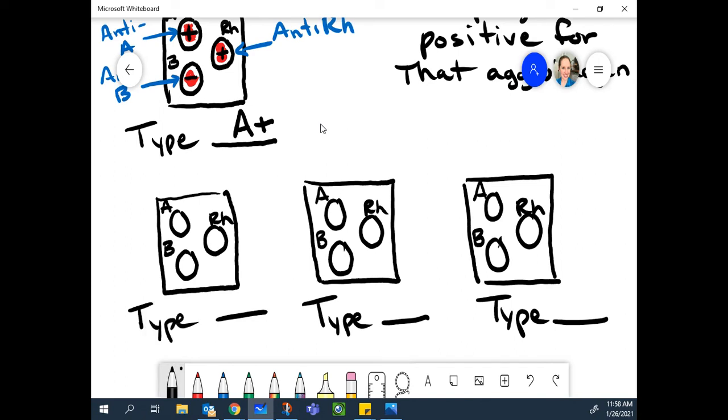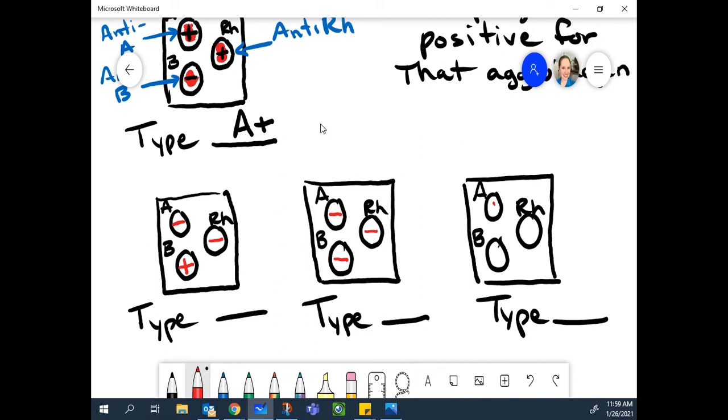Okay, so I'm going to change this to red. Let's say on the first one, there was no clumping in A, there is clumping in B, and there's no clumping in the RH. And then on this one, let's say no clumping in A, no clumping in B, no clumping in RH.